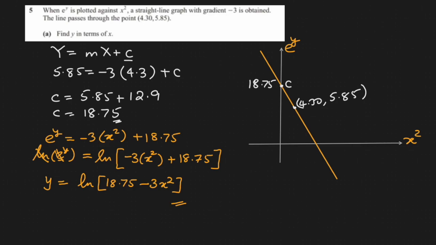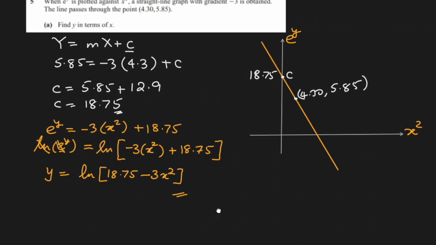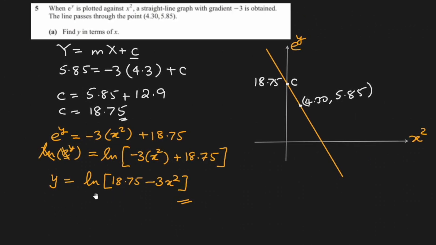Okay, so we have B part also. Find the value of x for which y exists. So y will exist only if the natural log's argument is more than 0, right? If I look at the graph of a natural log, it is something like this. Can you see?